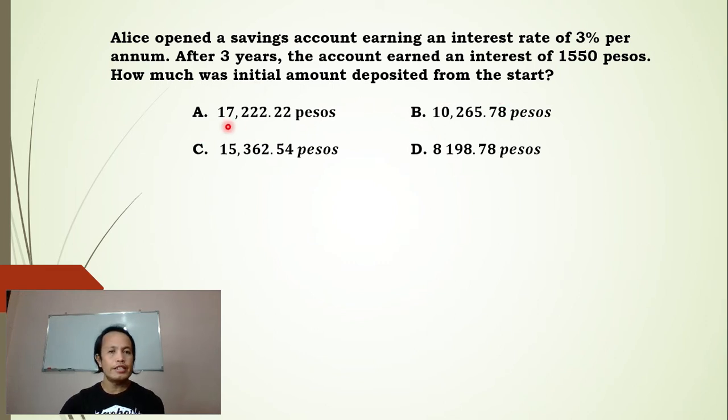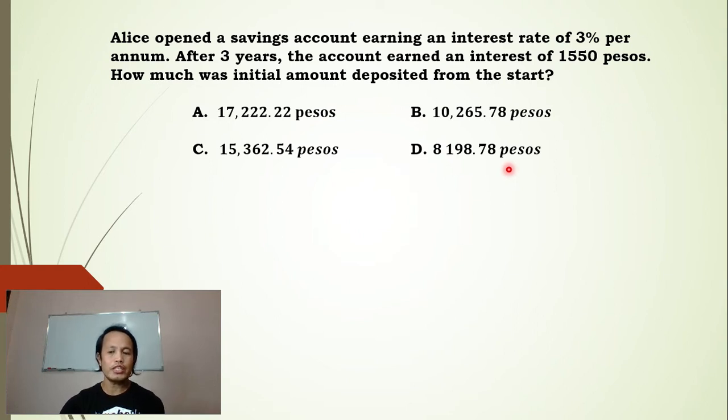A. 17,222.22 pesos. B. 10,265.78 pesos. C. 15,362.54 pesos. D. 8,198.78 pesos.